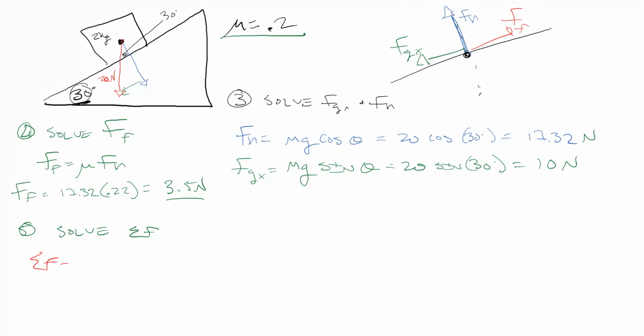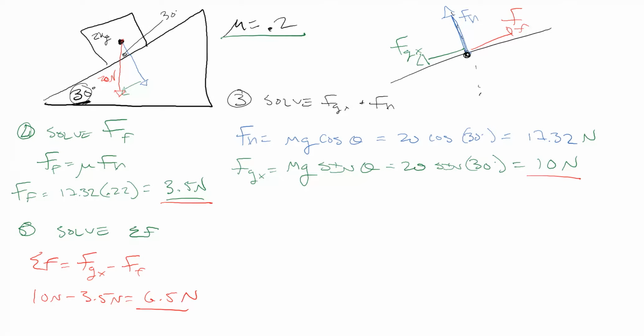So the net force is equal to F sub g sub x minus the friction force. So here's F sub g sub x. Here's the friction force. So 10 newtons minus 3.5 newtons equals, that's right, 6.5 newtons.